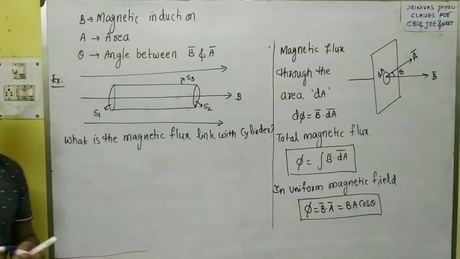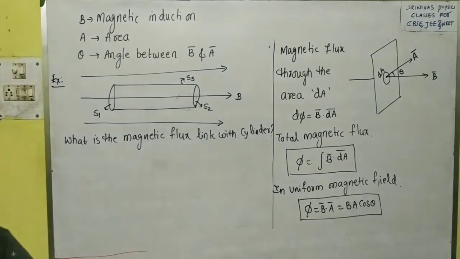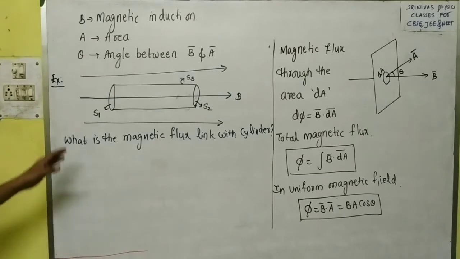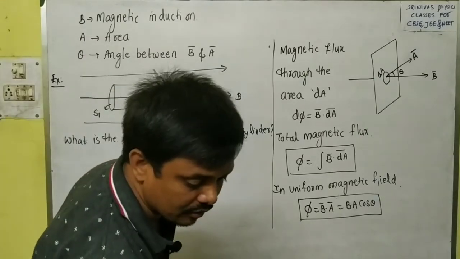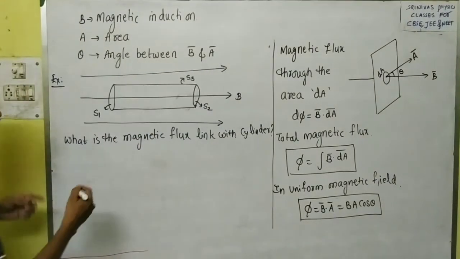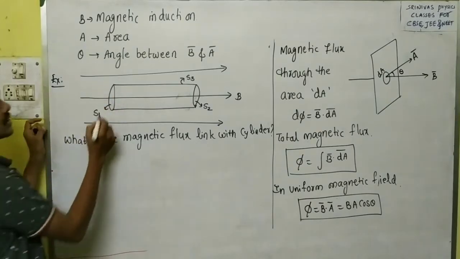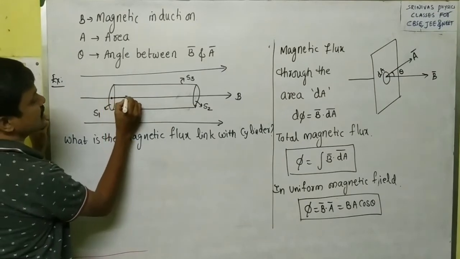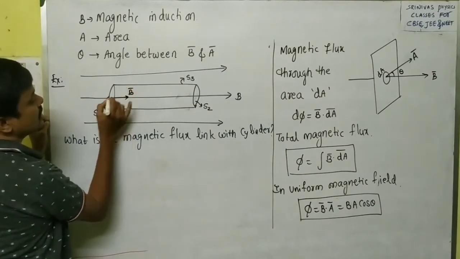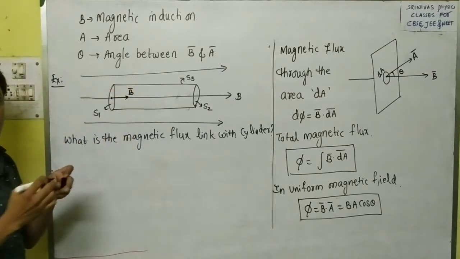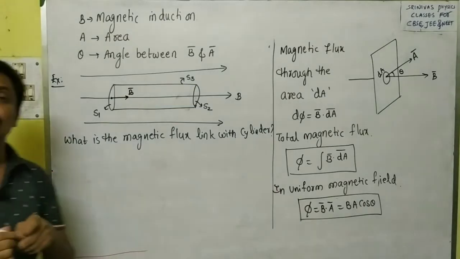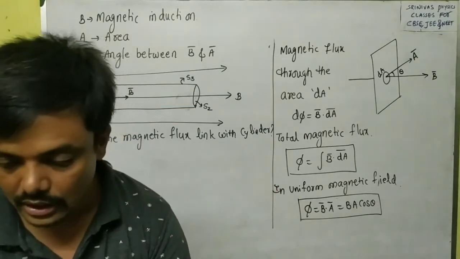Now for that, first we have to calculate the magnetic flux through S1. Here the field is right side. And the area vector for this surface, remember that the area vector is always perpendicular to the surface. How will the area vector be?